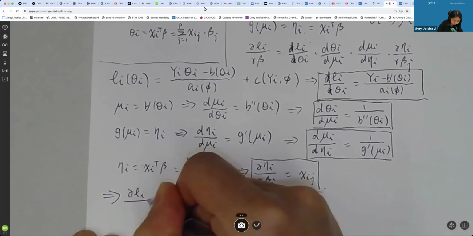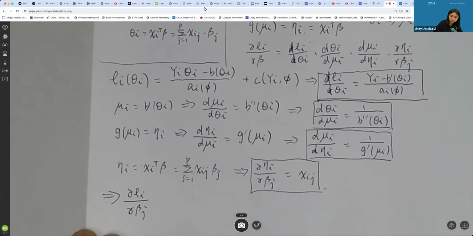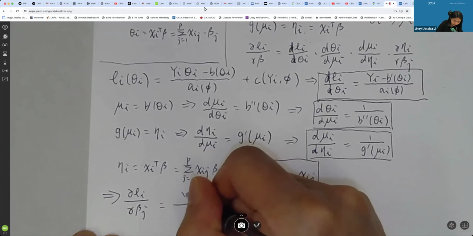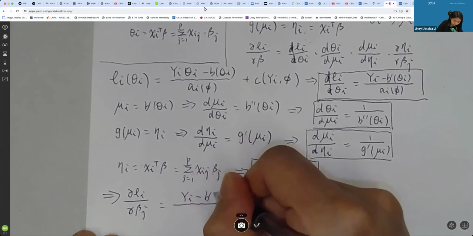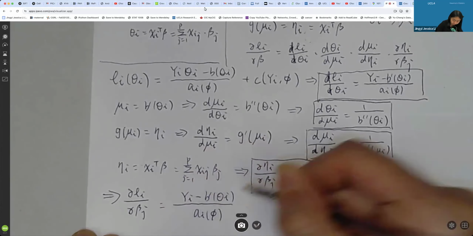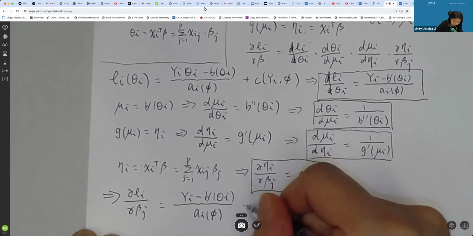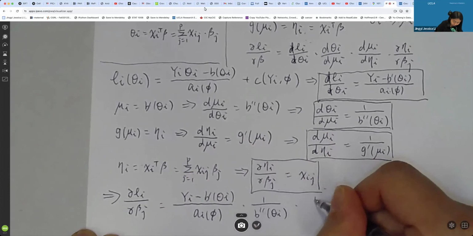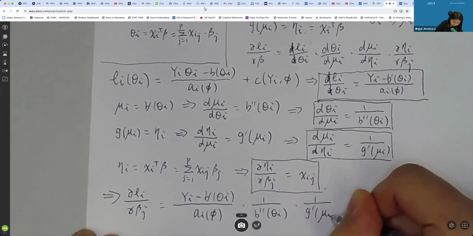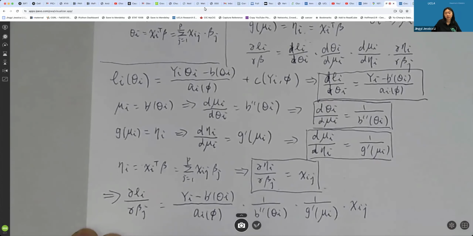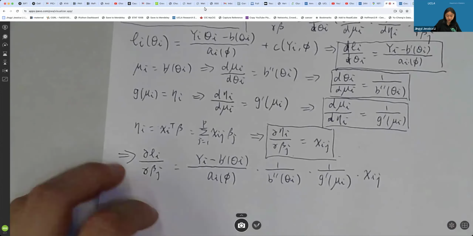Partial Li, partial beta j, turned out to be yi minus b prime theta i over ai phi, times 1 over b double prime theta i, times 1 over g prime mu i, times lastly xij. That's the gradient. And now we can combine some terms.